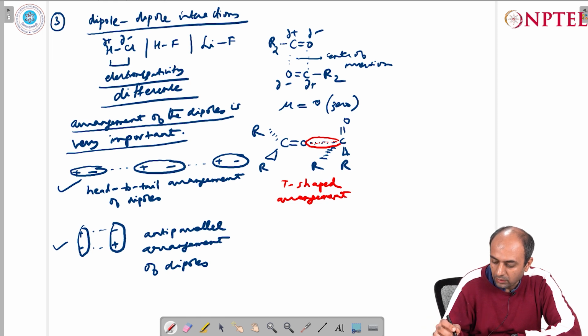Okay, and please keep in mind that in a liquid you also have, for example, when you have HCl or HF, you need to have the dipoles which are arranged in a particular way.